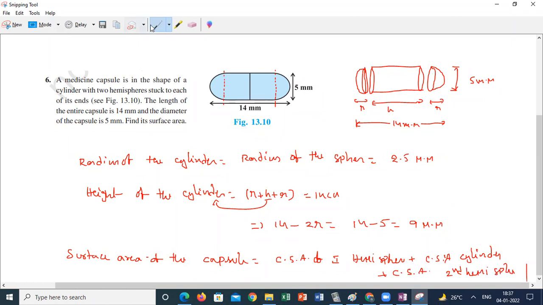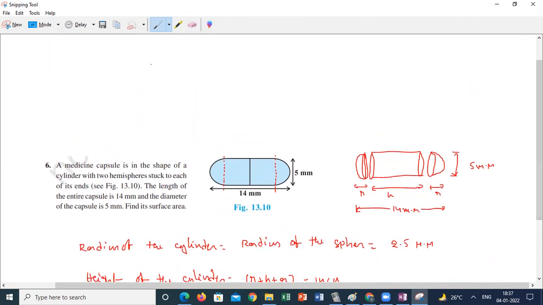The total surface area of this capsule will be 2 pi r square plus 2 pi r h plus 2 pi r square. So 4 pi r square plus 2 pi r h.